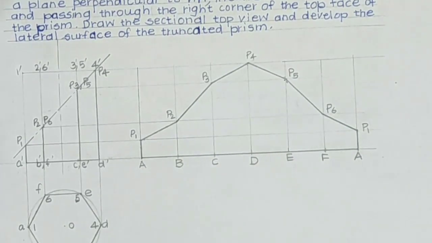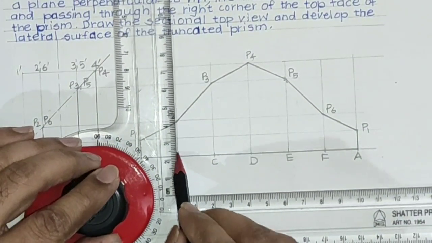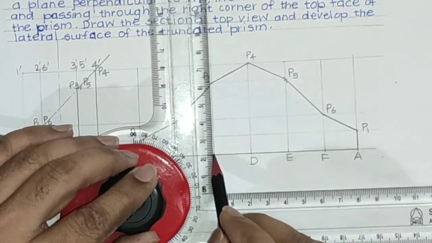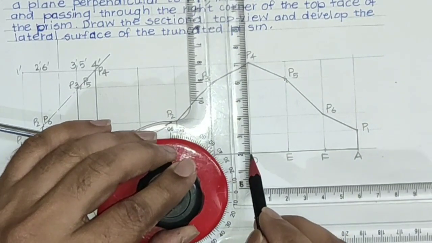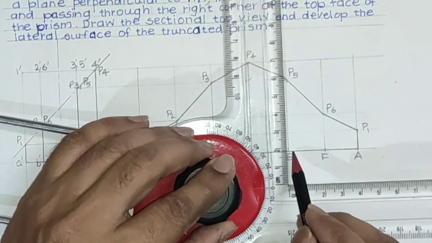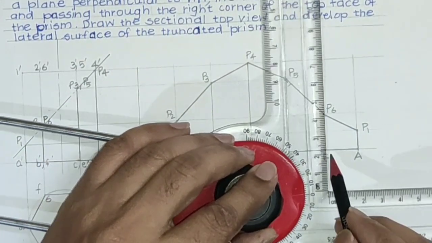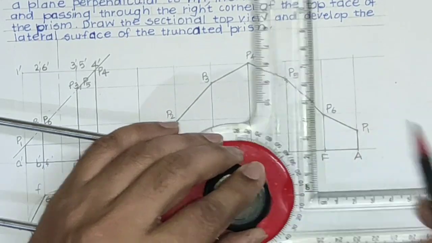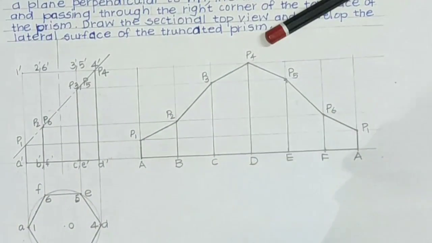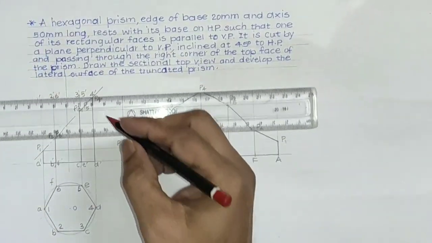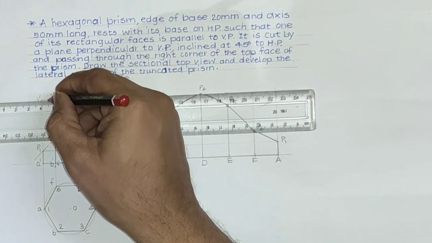This is the development of hexagonal prism. Then give the dimensions.